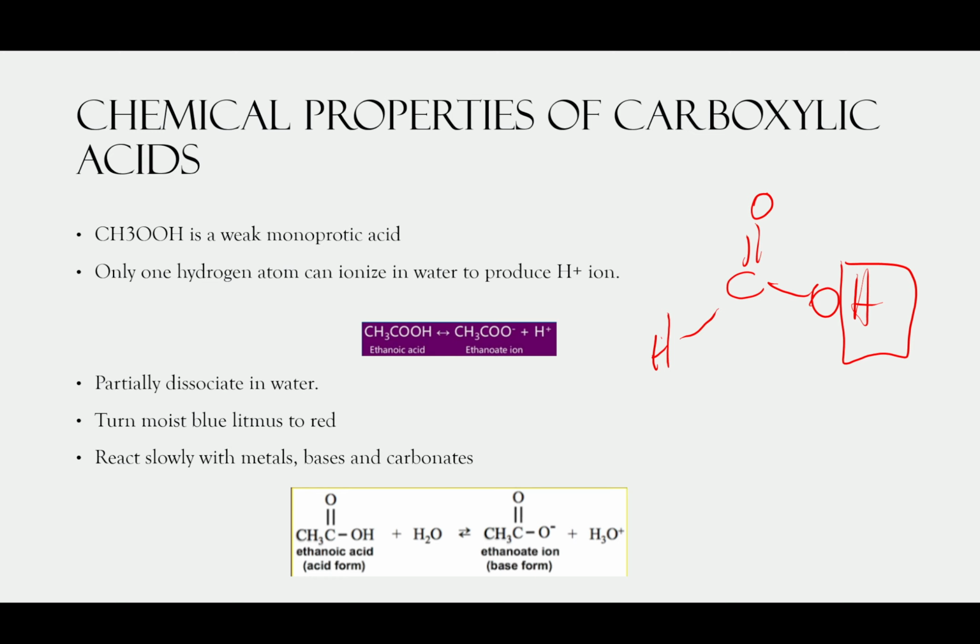Okay, so as I said, it's monoprotic. It can only create one hydrogen ion, right? So acids like these partially dissociate in water as well. And what do you know about acids that have partial dissociation?